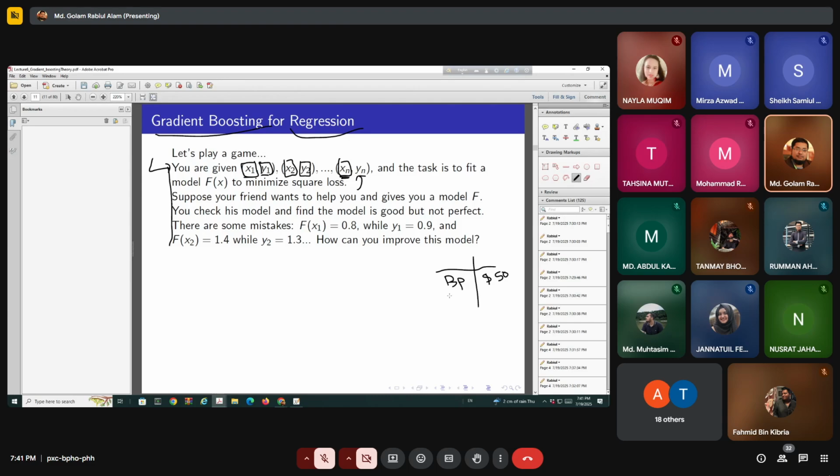And then different days also: the first day maybe January 1, January 2, January 3, this way. So it is given.